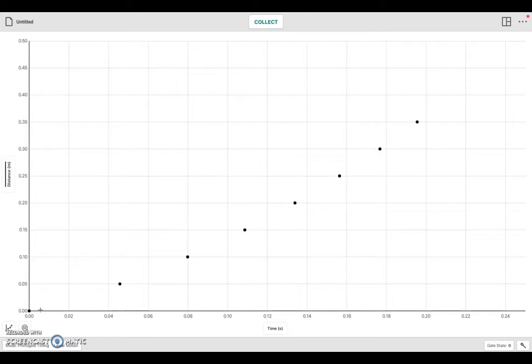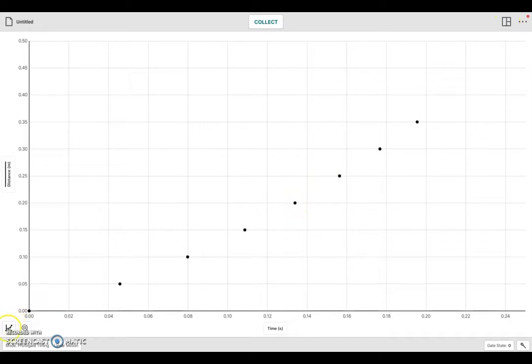So each black line is 0.05 meters or 5 centimeters apart. But you can see the times are not evenly spaced, right? From the first point to the second point, the time is shorter than from the second point to the third point, and from the third point to the fourth point to the fifth point, and so on and so forth.